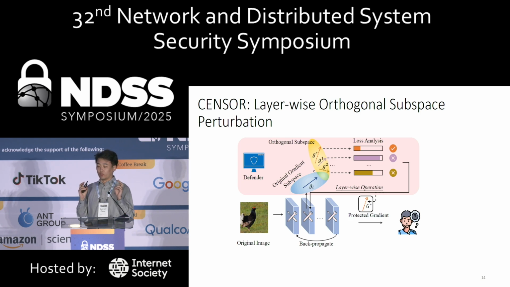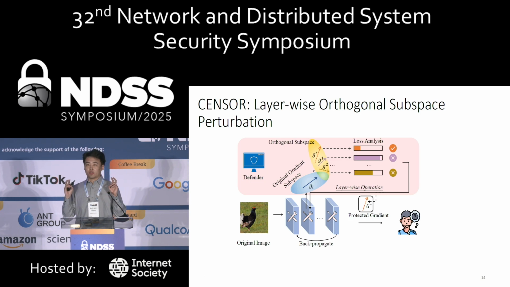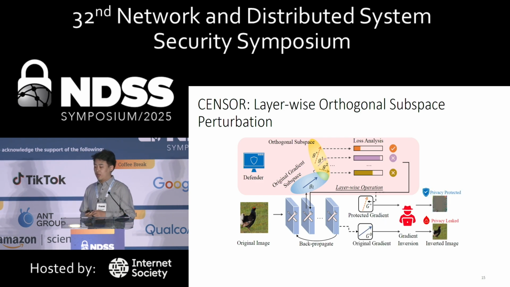We select the one with the lowest loss, and finally after the layer-wise operation, we get a protected gradient, G star, and we return this protected gradient to the server. And with that, the privacy is protected.